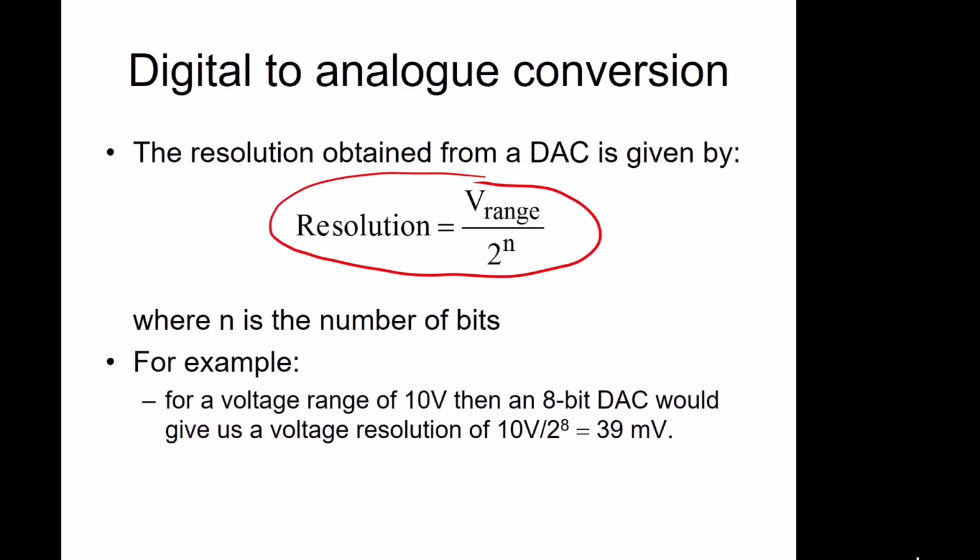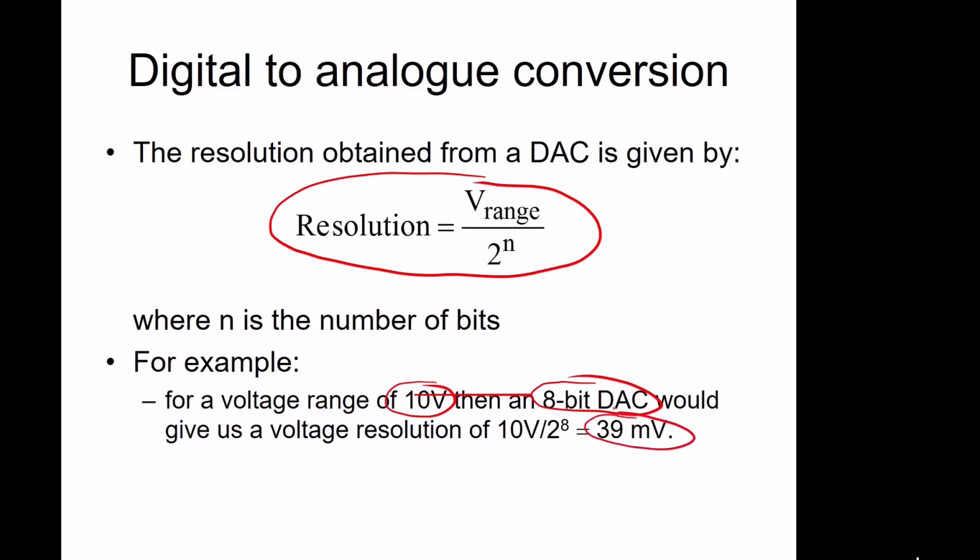As an example, if we have a 10 volt output range and we're using 8 bits, then 10 divided by 2 to the 8 gives us 39 millivolts.